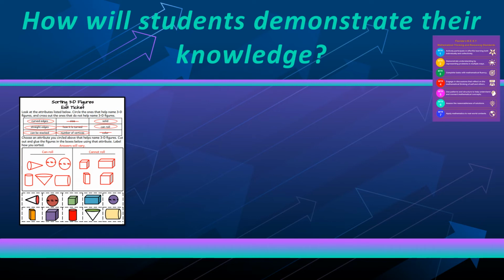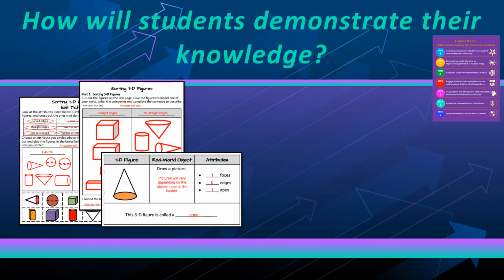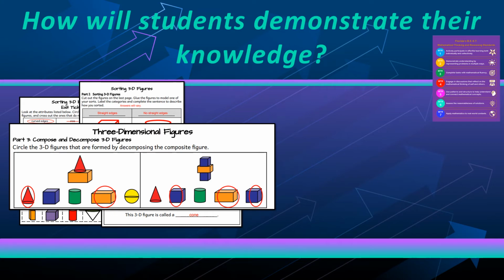There should be multiple opportunities for students to show their understanding throughout this unit. From student journal entries to explore exit tickets and show what you know tasks, there are plenty of chances for informal assessment along the way. Students are asked to sort, name attributes, draw figures, and even determine the 3D figures that are formed by the decomposition of another figure.